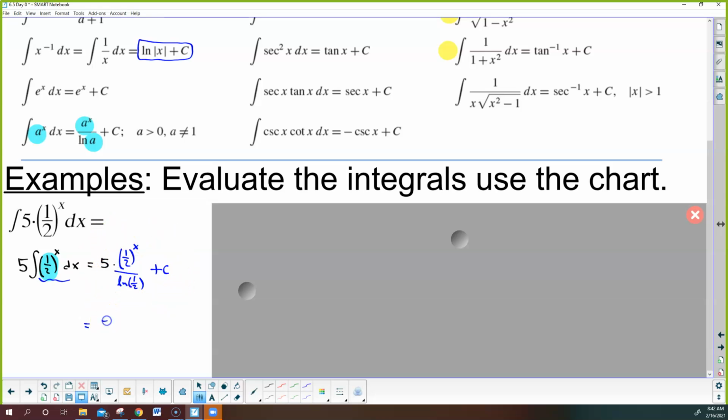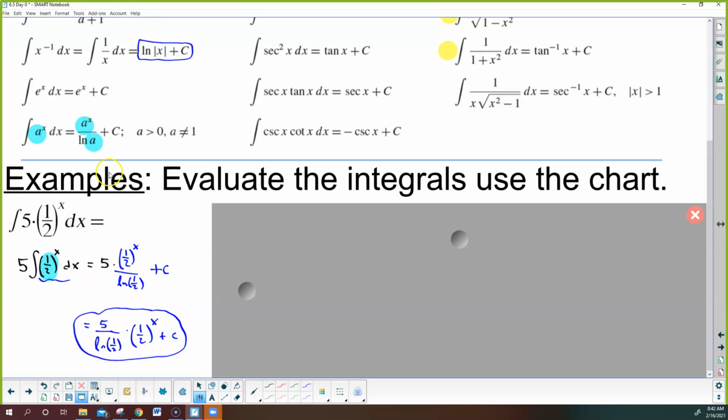But if it was a multiple choice question, it might be written like this, where they take the natural log of 1/2, and they divide it under the 5, and then they could put this off to the side. And those are equivalent. It's the same thing.